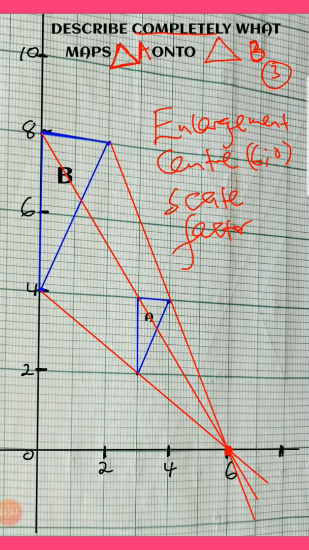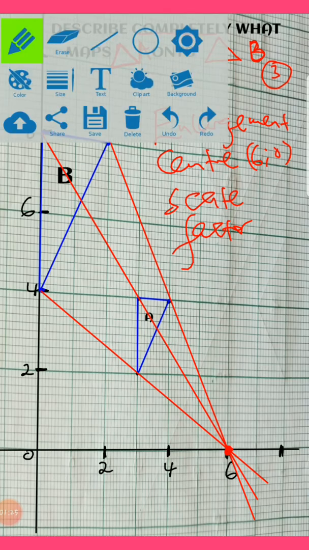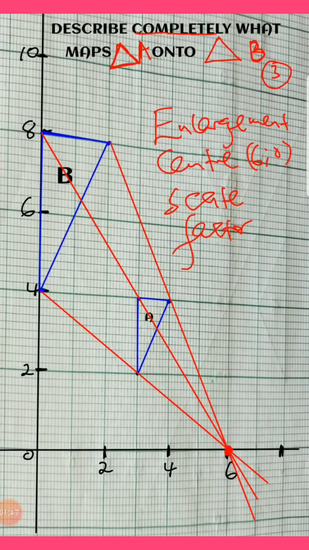The scale factor formula equals the distance of the image from the center. So from this point to this point, let us count the squares. This is 10, 20, 30 squares, over the distance of the object from the center.